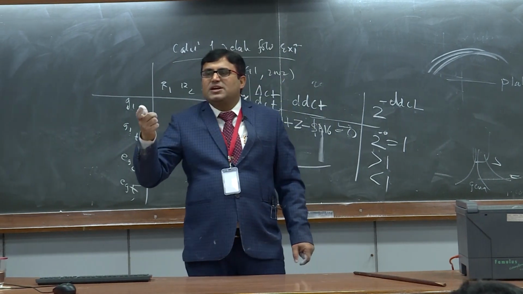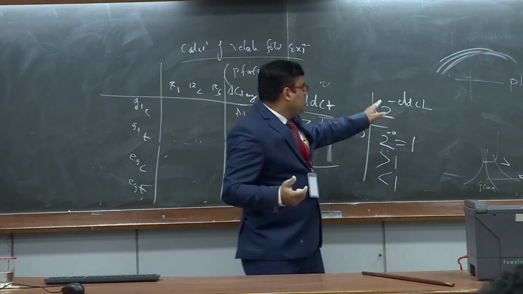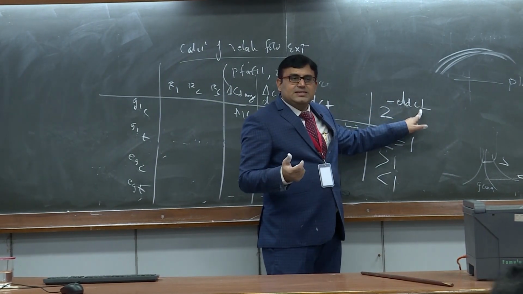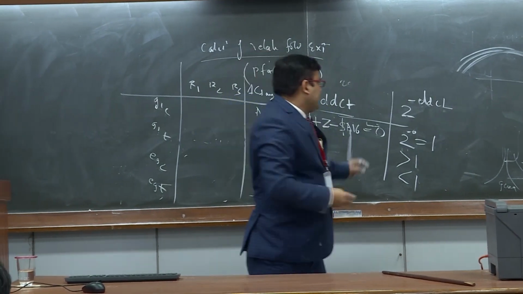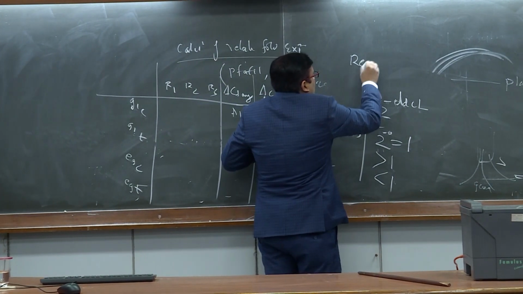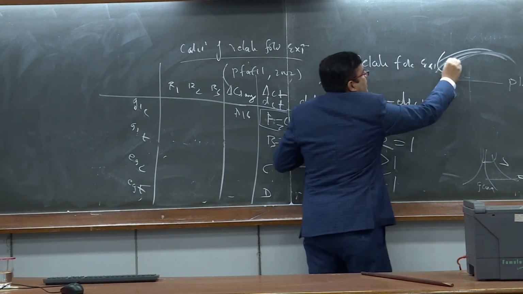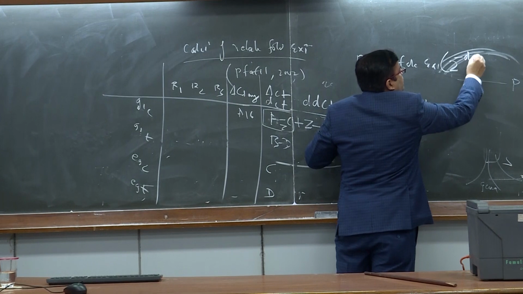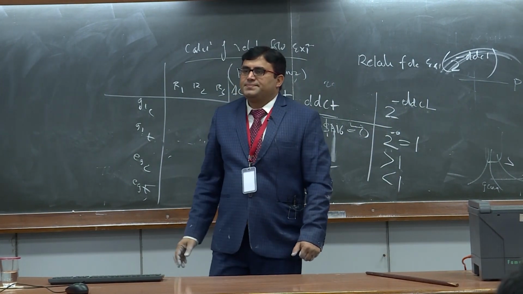In your manuscript you have the liberty to write 2 to the power of minus DDCT, or you can write relative fold expression, and then in brackets 2 to the power of. Either way you can represent your result.